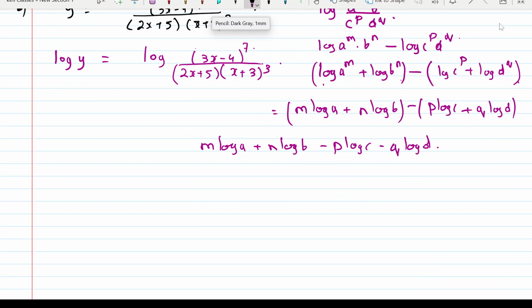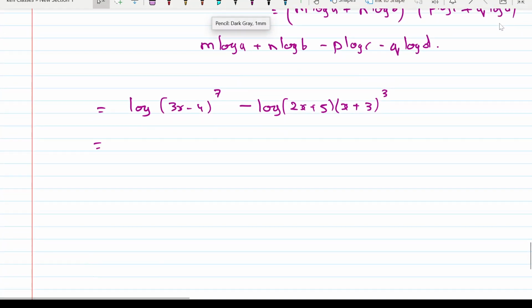So ये हो जाएगा, this is equal to log of 3x minus 4 raised to 7 minus log of 2x plus 5. टाइम रहेगा तो फुर्सत में लिख देना इतना, 3x raised to 3. बुलेट ट्रेन से तो हमको जाना नहीं है. So this is 7 log 3x minus 4 minus, this is now log of 2x plus 5 minus it is, okay, because actually अगर ये minus sign इधर रखा तो then ये plus है because it's multiplication.